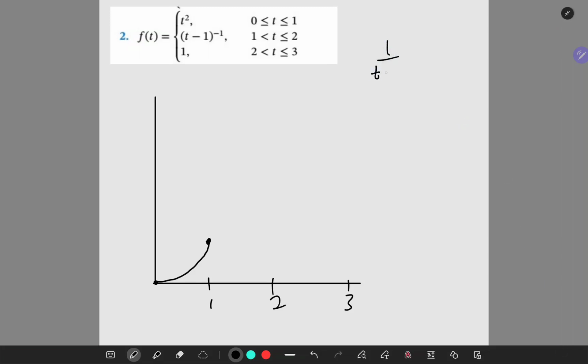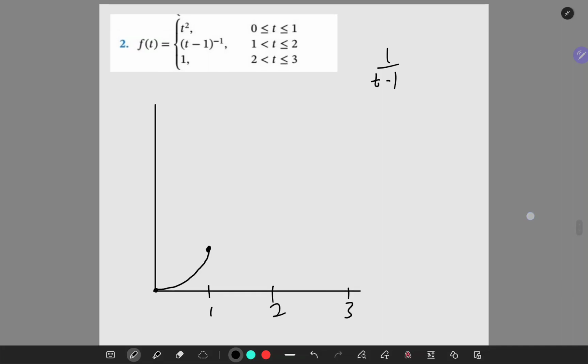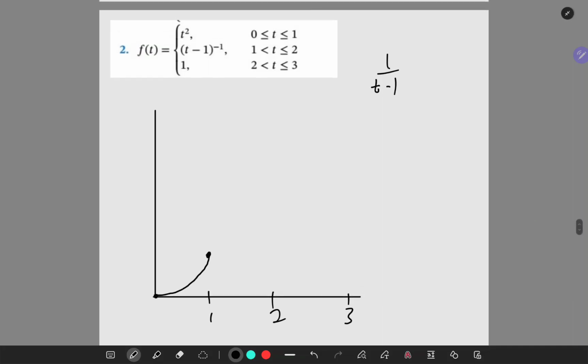So if we have 1 over t minus 1, if t equals 1, it's going closer and closer to 1. So that tells me it's kind of looking something like, oh, okay, I see. So t can't equal 1, so we're going to have an asymptote here, right?